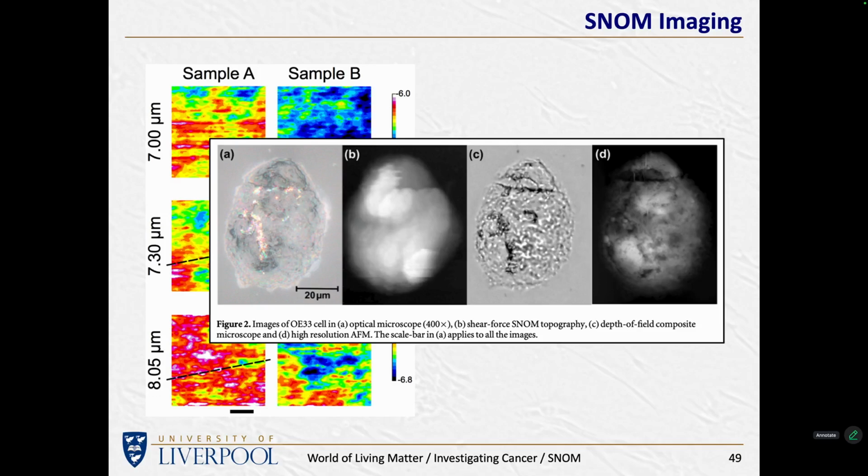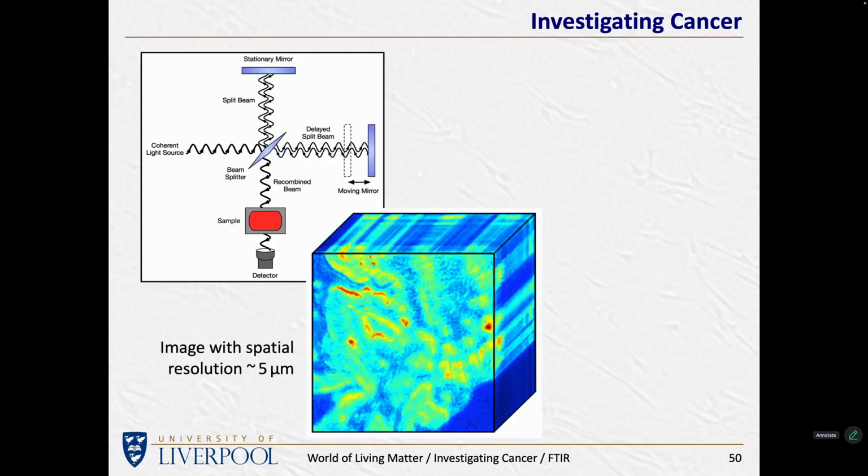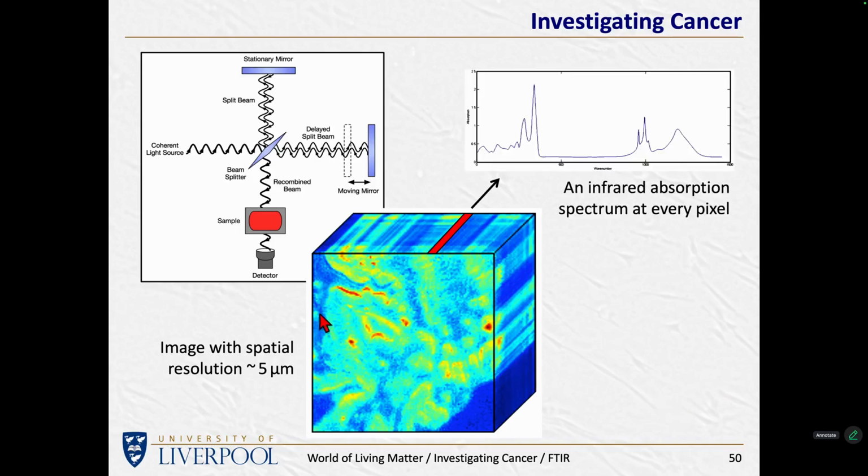But it's not the morphology or the shape of the cancer cells that interests us. It's how these cancer cells interact with infrared light. So again, I'm not going to be describing how we generate the infrared light or how we obtain an infrared spectrum. What matters is we can image a sample of tissue such that each pixel is not simply one pixel indicating how bright that particular piece of tissue is.